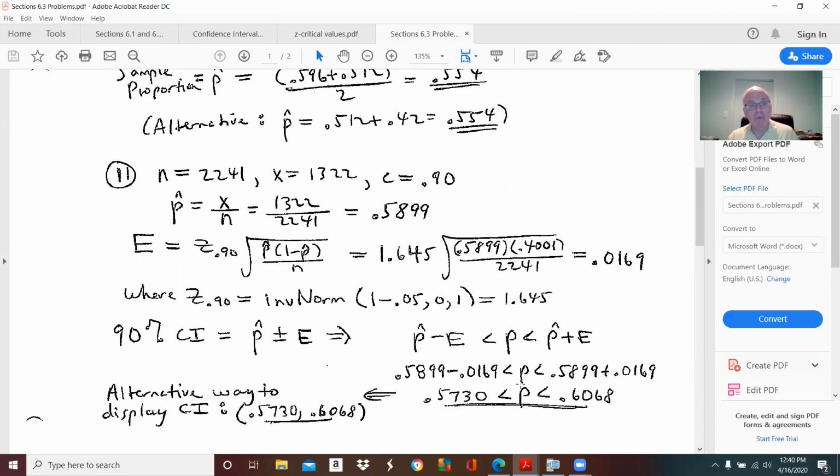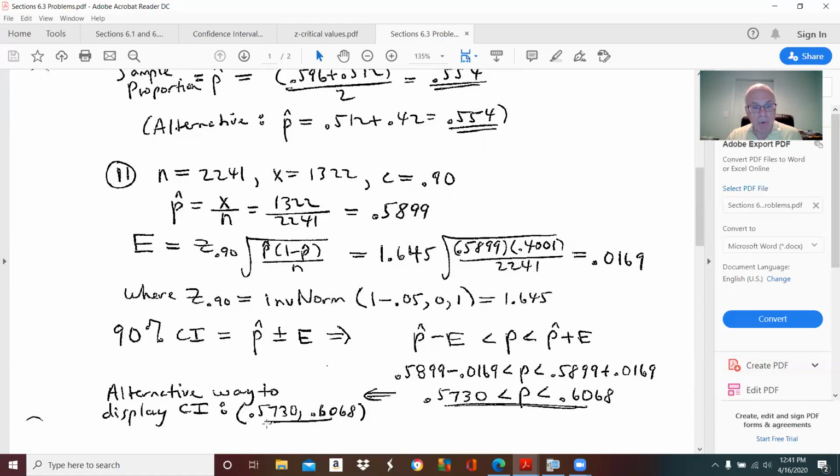That is, if we repeated this process for all samples of size 2241, we would find that 90% of those samples would have confidence intervals that contain the actual population proportion, and 10% would not. So we're 90% confident that this interval from the sample that we chose actually contains the population proportion.